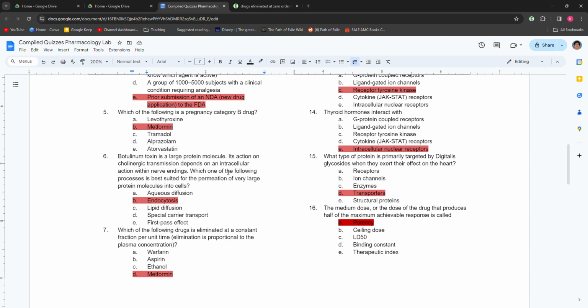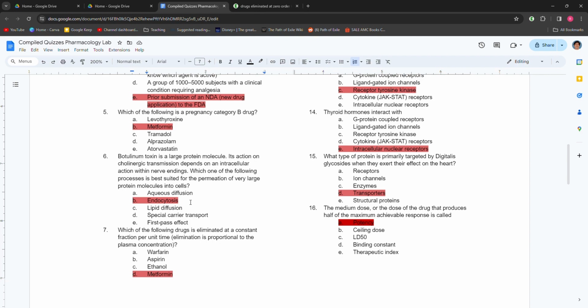Metformin, right now, the studies are telling us that it is even safe for patients who are pregnant with gestational diabetes mellitus. Before, in the years past, for the treatment of gestational diabetes mellitus, we only consider insulin as the therapy. But right now, they're saying that you can use metformin as a treatment for GDM.